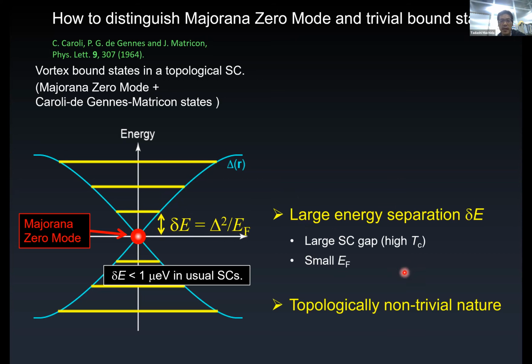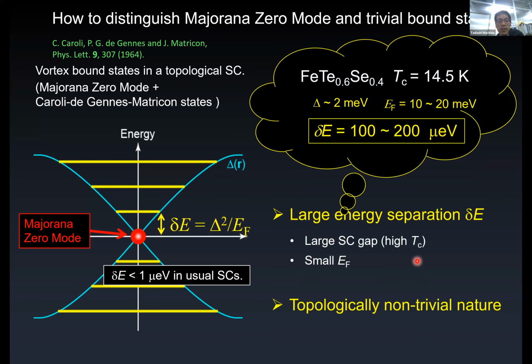The selenium-doped iron telluride is one of the suitable materials for that purpose, because it has a relatively large superconducting gap of about 2 millielectron volt, and also a very small Fermi energy of about 10 to 20 millielectron volt. From these parameters, we can calculate the expected energy separation between these bound states to be about 100 to 200 microelectron volt, and that is acceptable for the STM measurements.